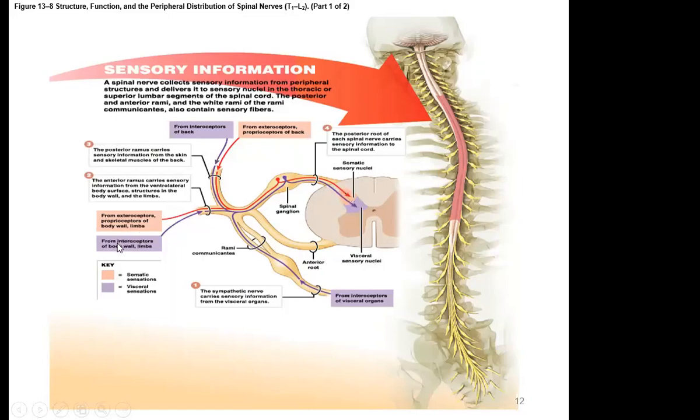If, however, that information is coming from an organ, so you can see here from the interoceptors of the body wall, from inside, then it's going to drop within the visceral sensory section. So it's very specific. Your body is going to know, did I just cut my right finger, or is there something going on on the inside with my heart?